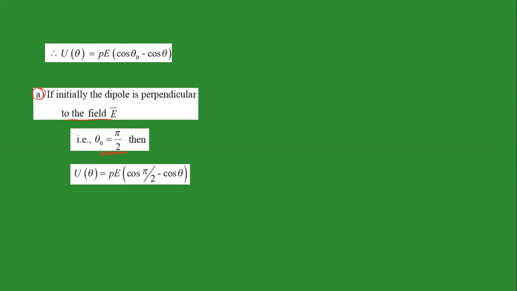You know that cos 90 is 0, so this term gets cancelled. So PE (0 minus cos theta), which means minus cos theta. So we get potential energy minus PE cos theta when the dipole is perpendicular to the electric field.